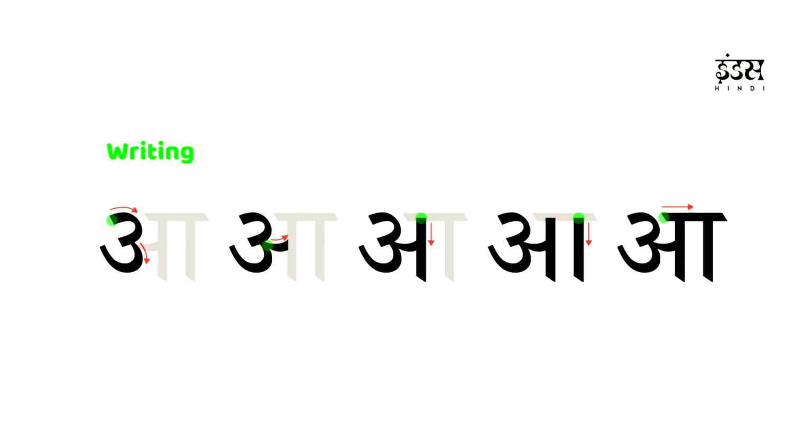Now let's learn how to write this sound. You can write it by placing a vertical line just beside a short vowel, right? And it becomes the long vowel. In Hindi, all vowels except short a have two forms.